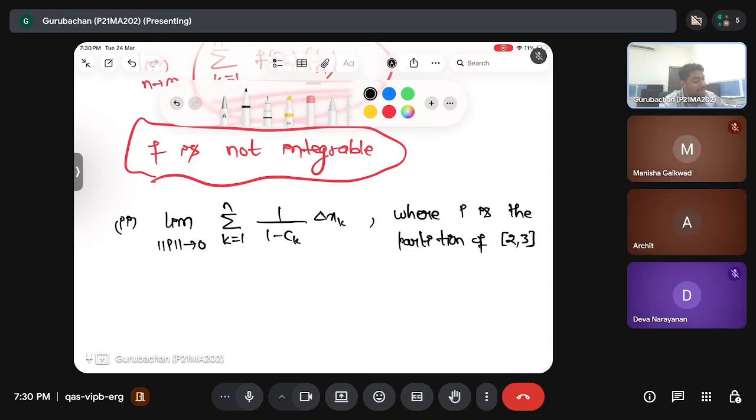Observe here, I skipped one point. 1 does not lie there because this expression at 1 will become infinite, not defined.